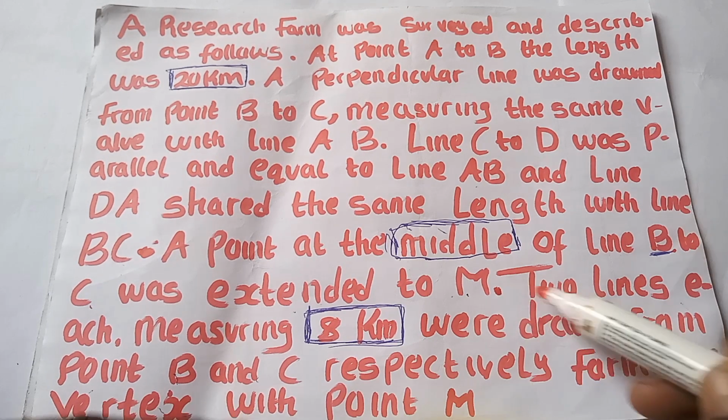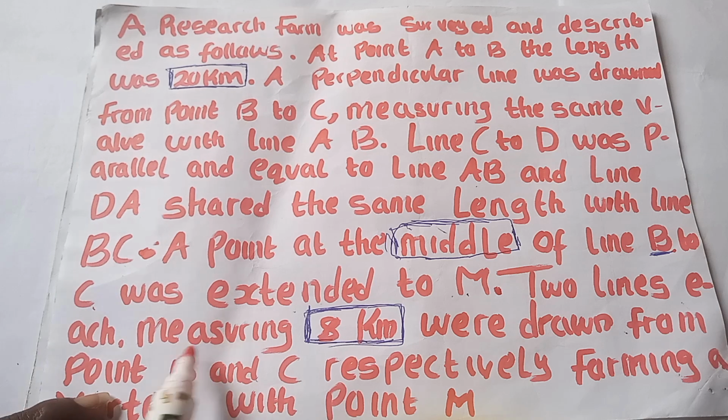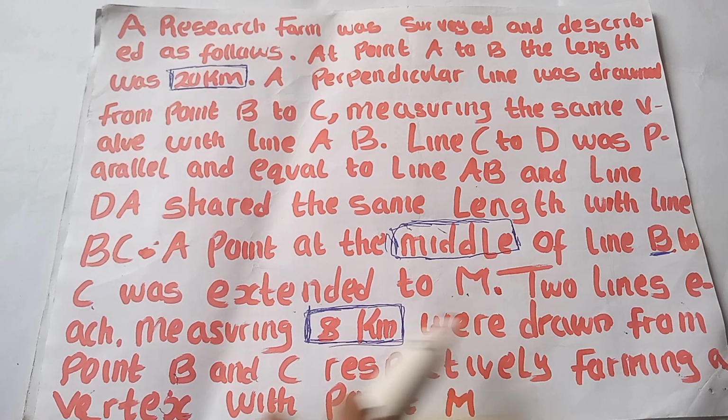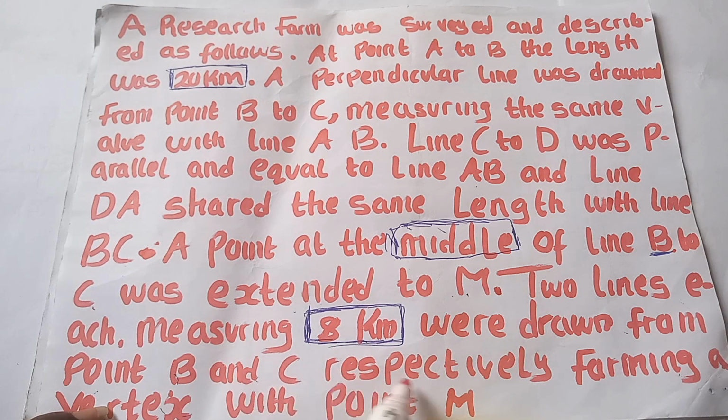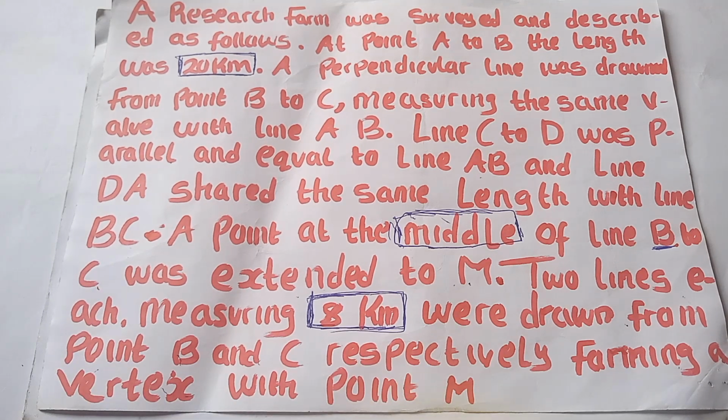Extended to M. Two lines each measuring 8 kilometers were drawn from points B and C respectively, forming, don't forget, a vertex with point M. What is a vertex?